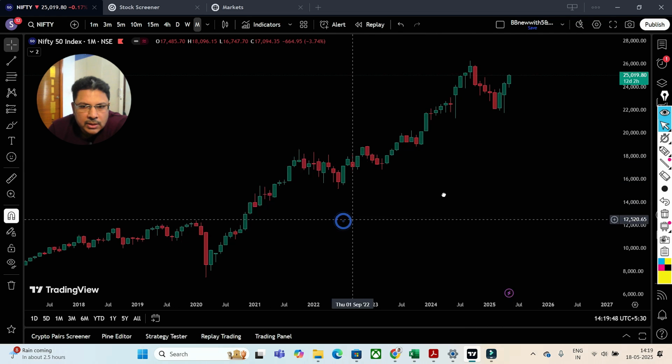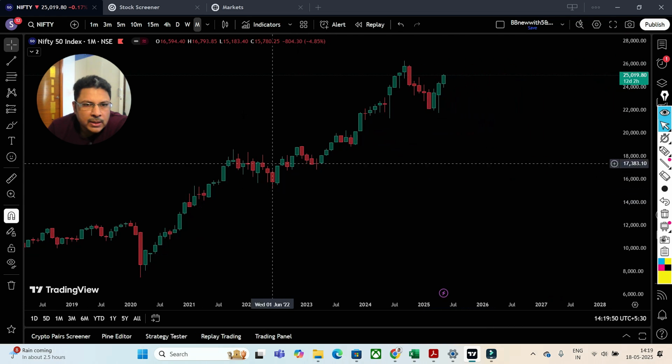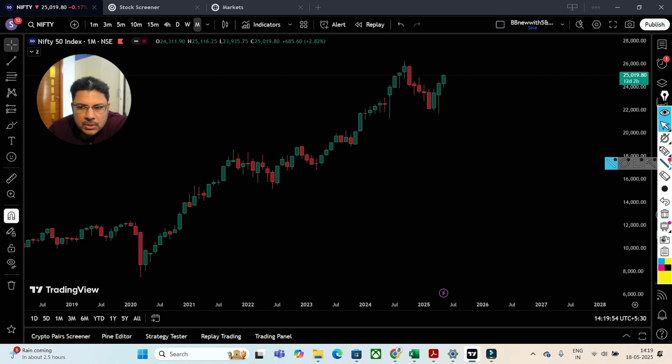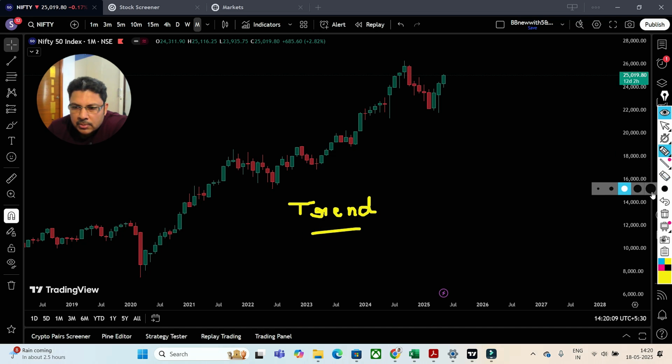If you can understand what this chart is, basically this is a Nifty chart on a monthly time frame. So let's understand some basic things about trend, how to analyze trend. Pardon me for writing.